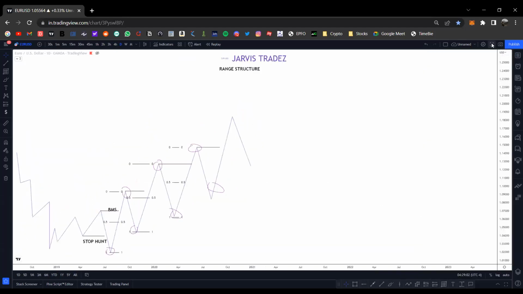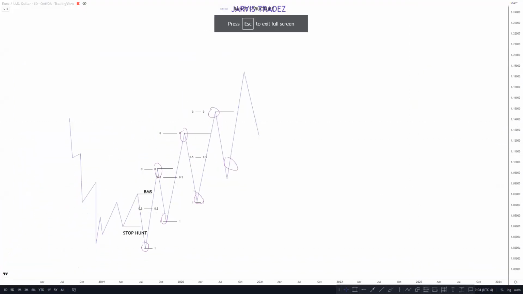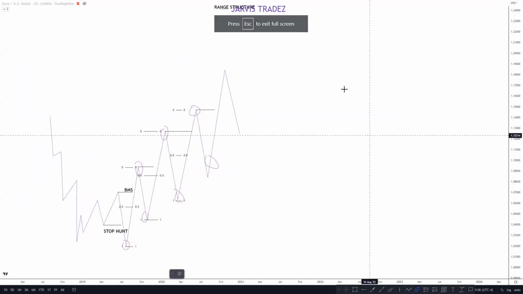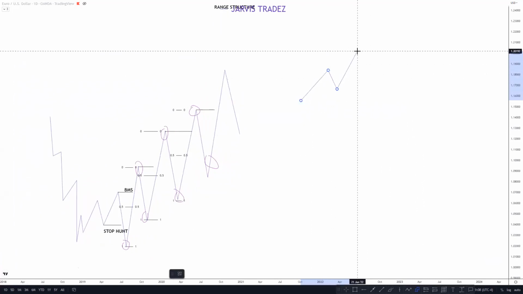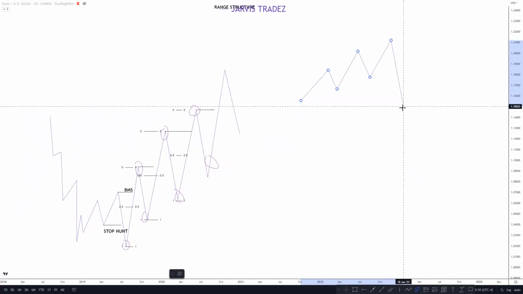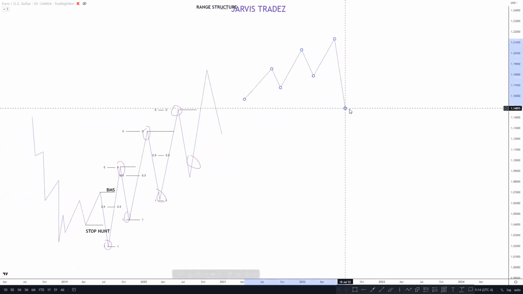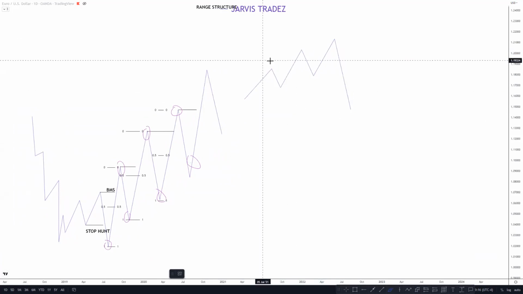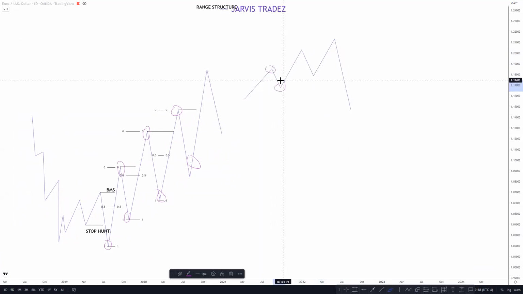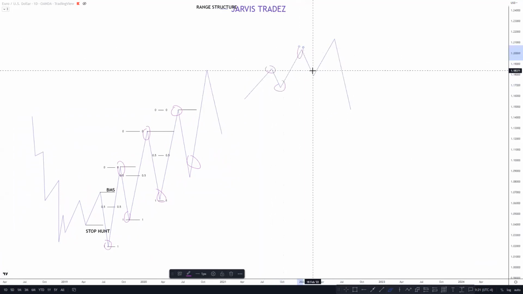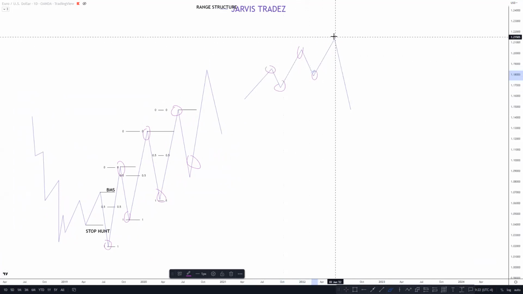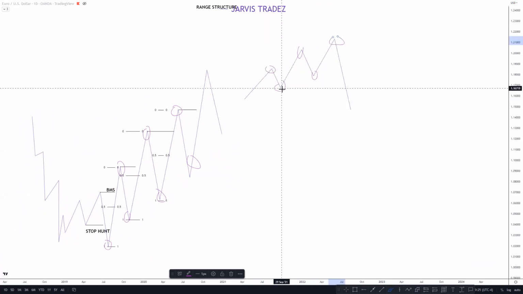And in a bullish trend, the same thing happens when price is making higher high, higher low, higher high, higher low, higher high, then lower low. So now price was making higher high, higher low, higher high, higher low, higher high. This was your range, this swing high to this swing low.